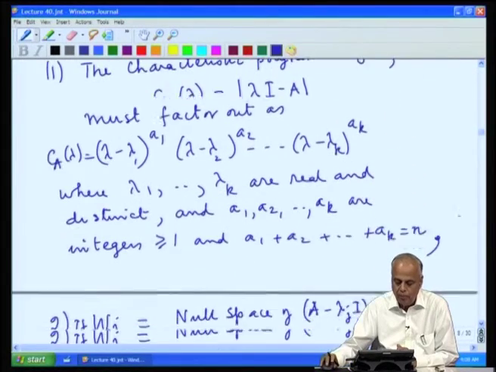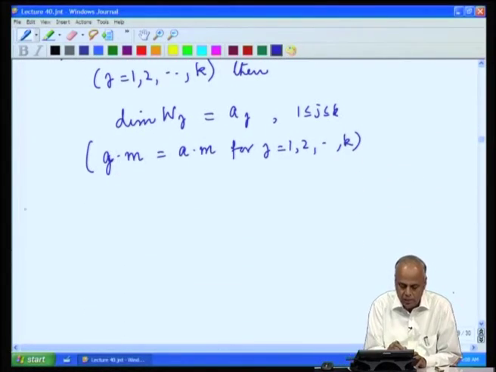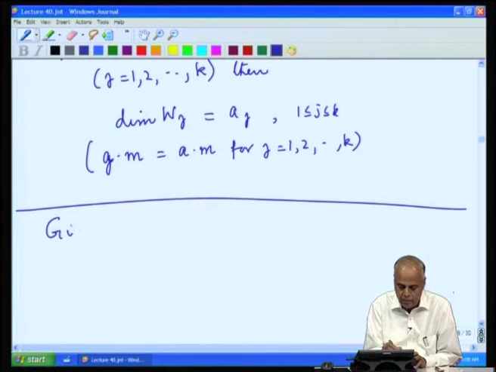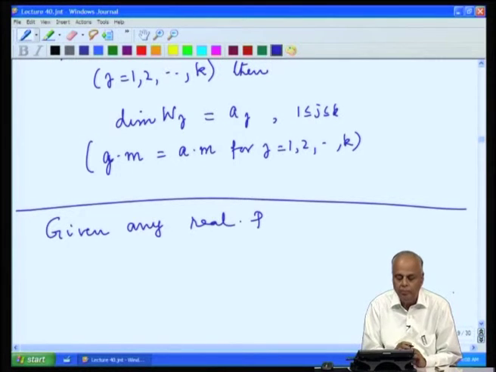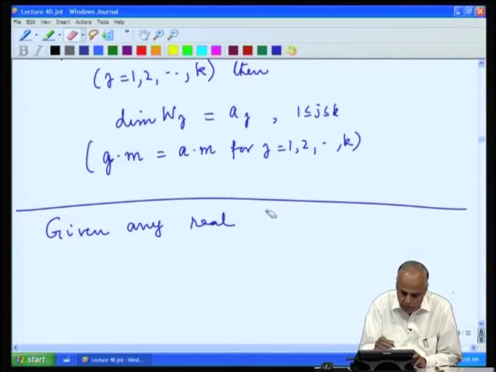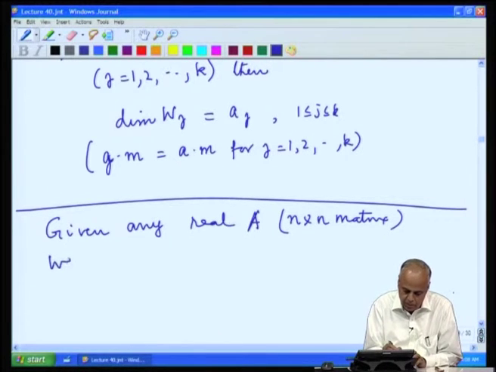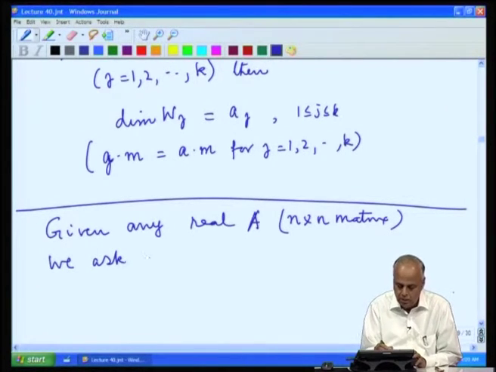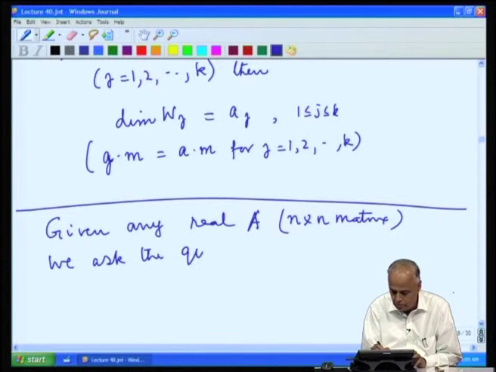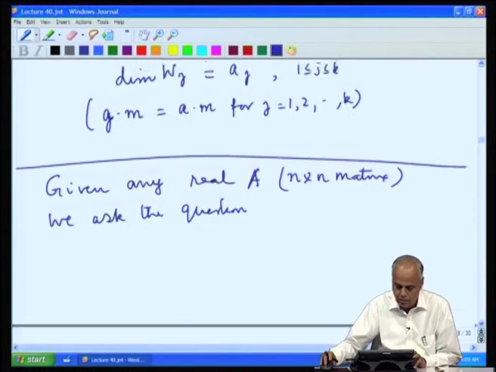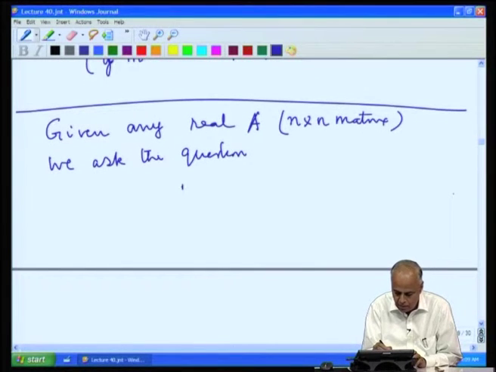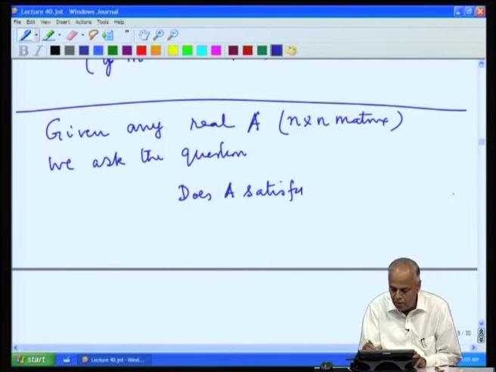So, therefore, given any real n by n matrix A, we ask the question: does A satisfy the above conditions?